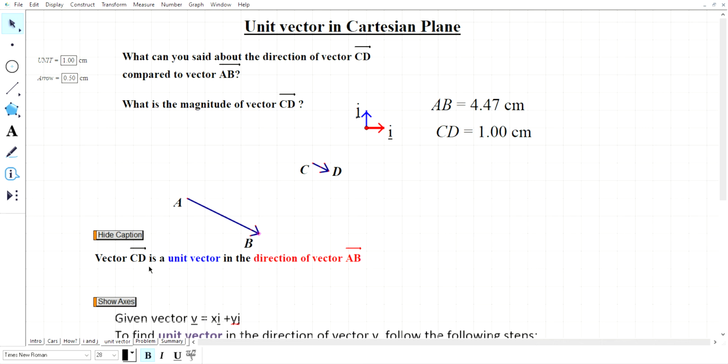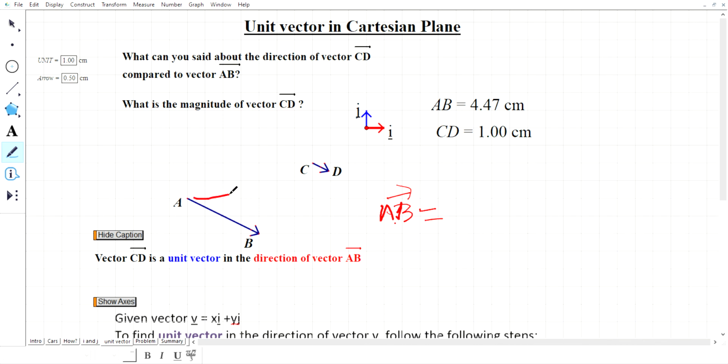Can you find the unit vector in the direction of vector AB now? Okay, what is vector AB in terms of vector i and vector j?